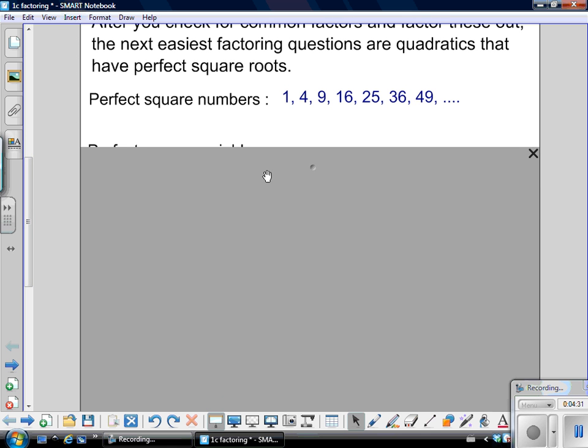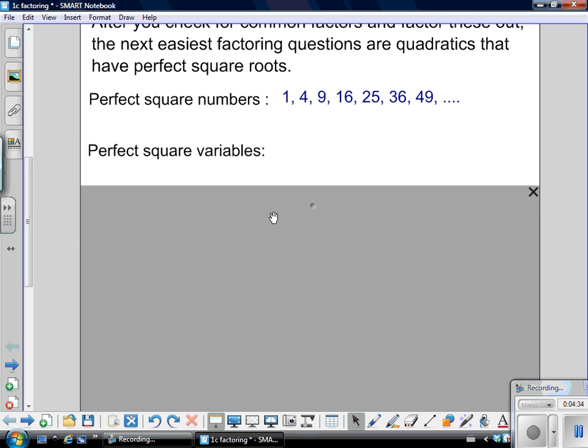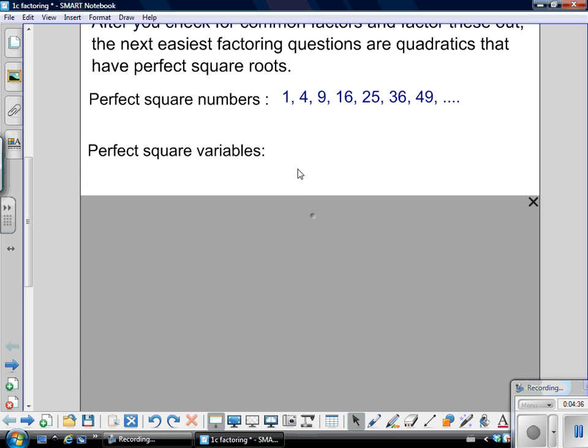Now, perfect squares happen with variables as well. Perfect variable ones would be like x squared, x to the fourth, x to the sixth, x to the eighth. So actually, any variable to an even power will be a perfect square variable.